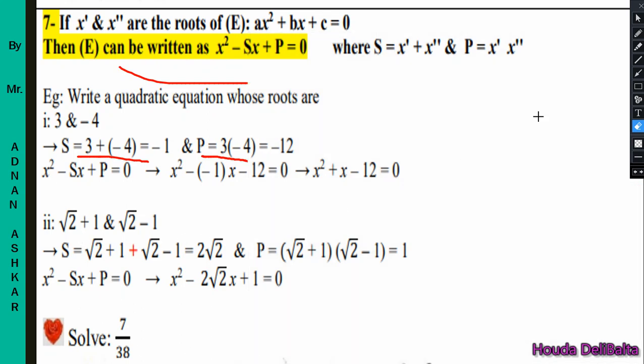Another example. The first root here is radical 2 plus 1, and the second root is radical 2 minus 1. Then I have to use this form to find the quadratic equation. So I have to find the sum and I have to find the product. The sum is radical 2 plus 1 plus radical 2 minus 1. I can cancel the opposites, 1 and minus 1, to get 2 radical 2.